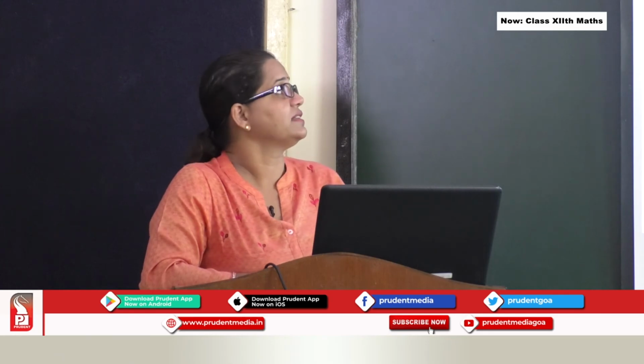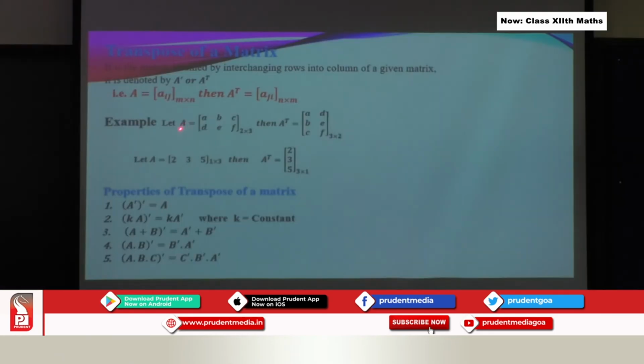Okay. Next, example, look at this. I have a matrix of order 2 by 3. Look at this, the first row will now change to the first column. See, a, b, c, now it became a, b, c as the first column. So what is happening?